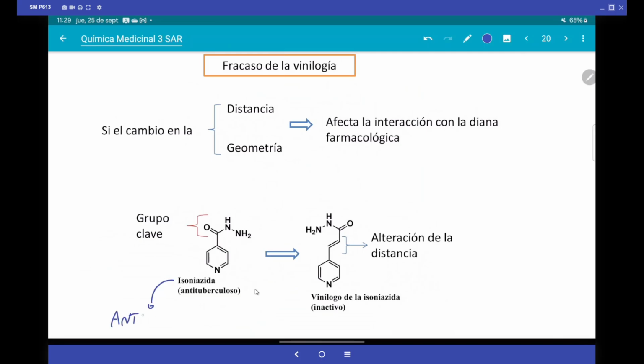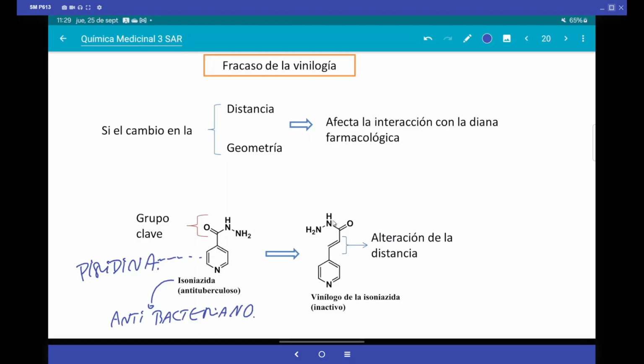A double link was inserted between the ring and the carbonyl. How is this ring called? Pyridine. Well, the pyridine is important for the activity, as well as this carbonyl group, and with the double link the distance is drastically altered, and the activity is lost.